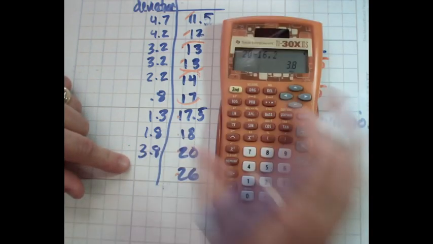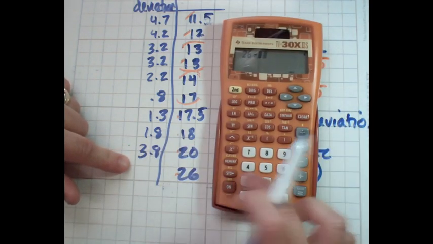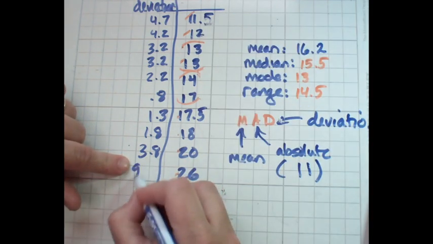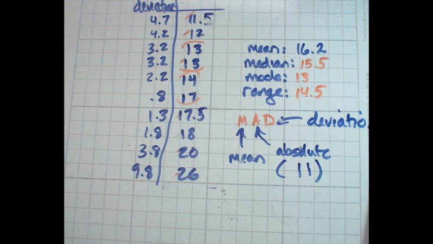And 26 minus 16.2 is 9.8. Okay, so these are all of our deviations.